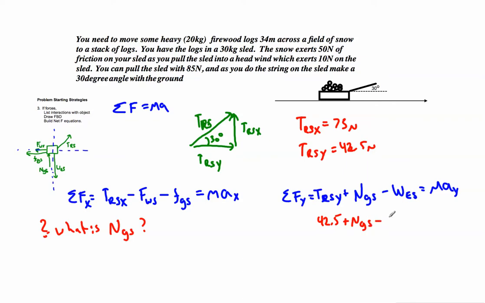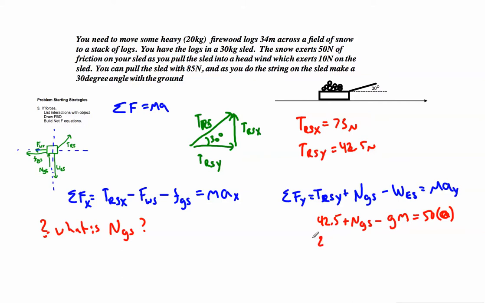Now the earth on the sled, we can do an algebraic substitution. That should be equal to g times the mass, gravitational field constant times the mass. Here we've got 50 kilograms for the mass of the sled and the logs, and the acceleration in the vertical direction is just 0. It's not accelerating up or down.